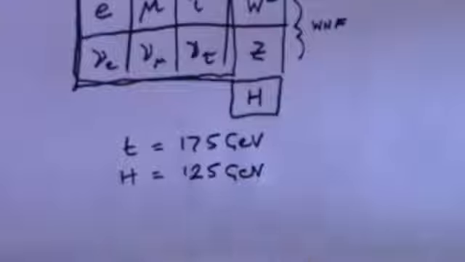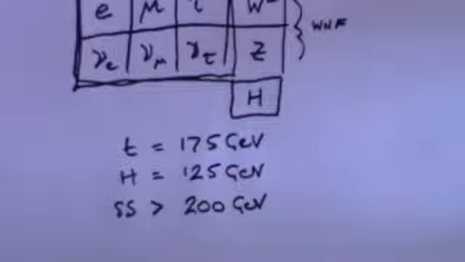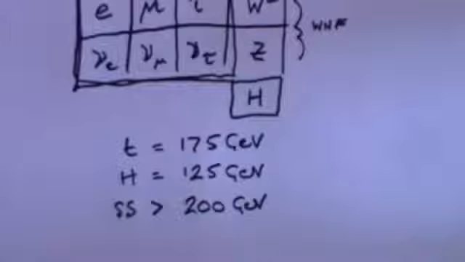So if we've got supersymmetric particles which are greater than 200 GeV, which would make them very massive, then small wonder they haven't been discovered yet, because we're only just getting into that kind of a range. So it may be that the Large Hadron Collider, once it has been upgraded and it has higher energy, will start to discover some of these supersymmetric particles if they are of the order of 200 GeV. Of course, if they are much more massive than that, then maybe even the Large Hadron Collider won't find them, and then we shall be stuck.